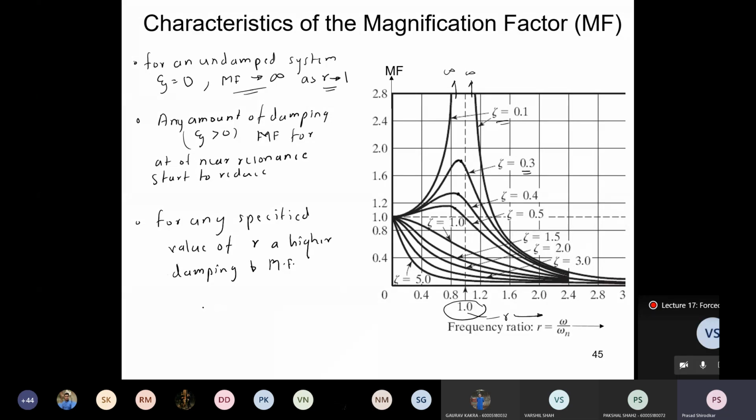Okay. Now, suppose there are two magnification factor curves, and zeta 2 for the second curve is greater than zeta 1, then the magnification factor of the second curve will be less than the magnification factor for curve 1, for all values of r.